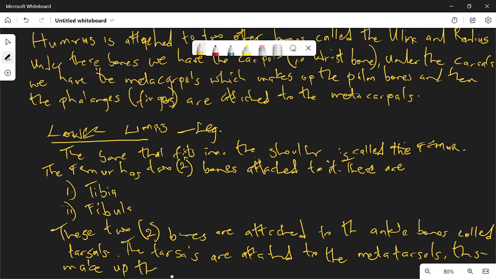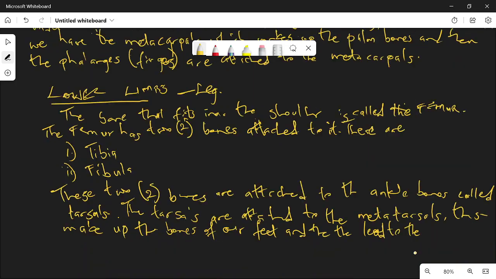The bones of our legs, the bones of our feet, and then they lead to the phalanges.